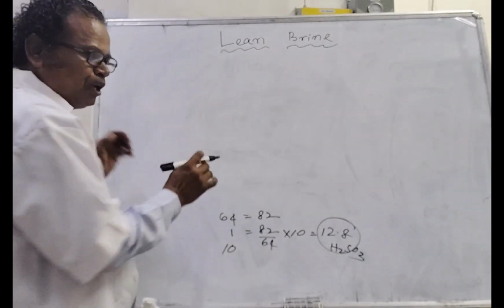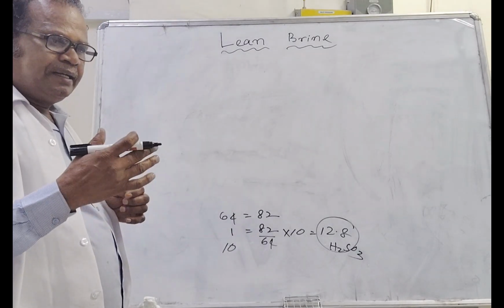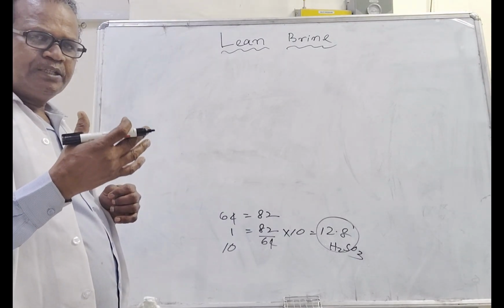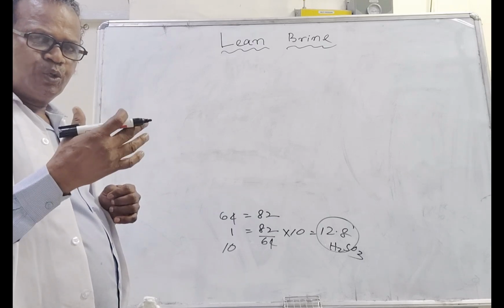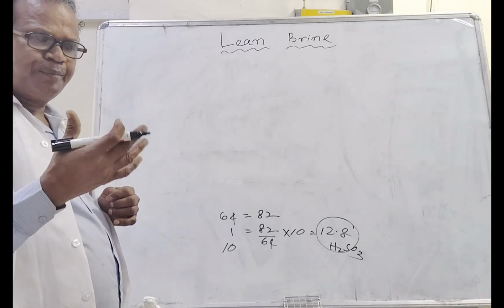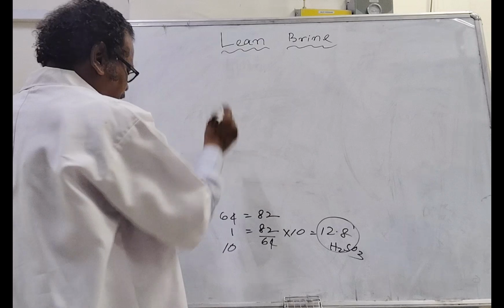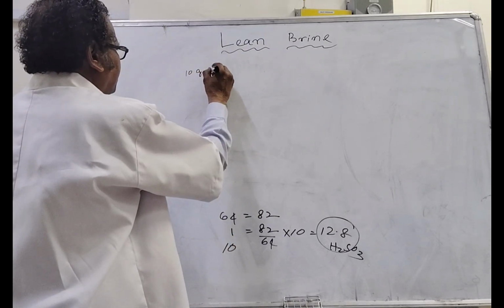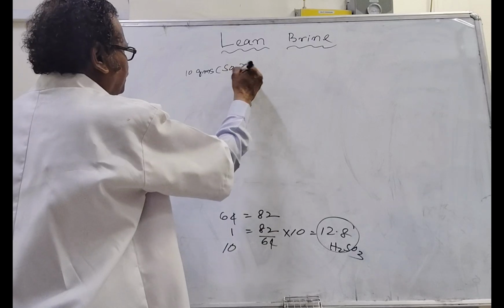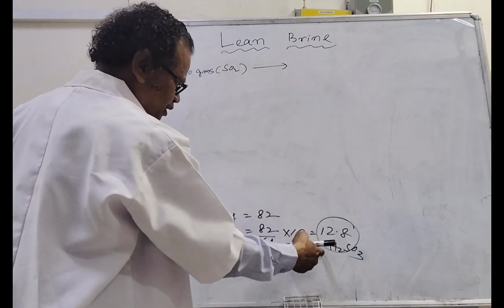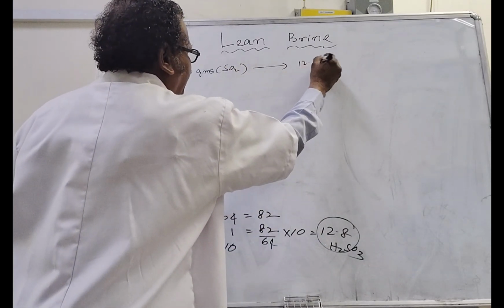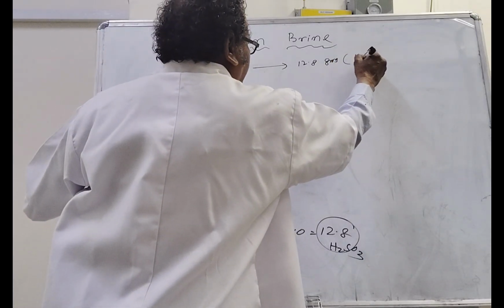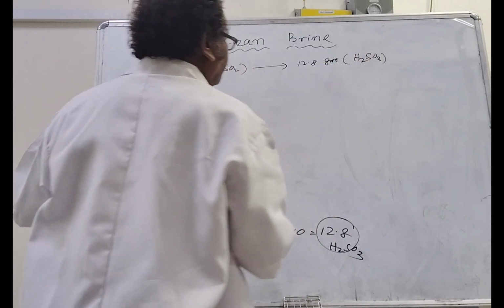Now we will prepare 10 gpl of SO2, meaning 10 grams of SO2 in 1 liter of solution. So this 10 grams of SO2 gives 12.8 grams of H2SO3.